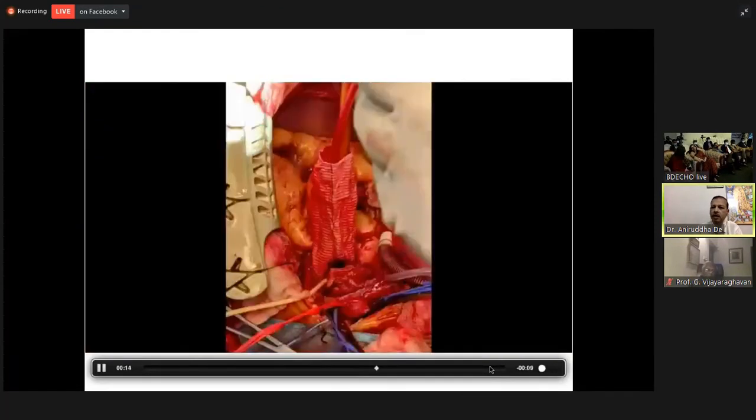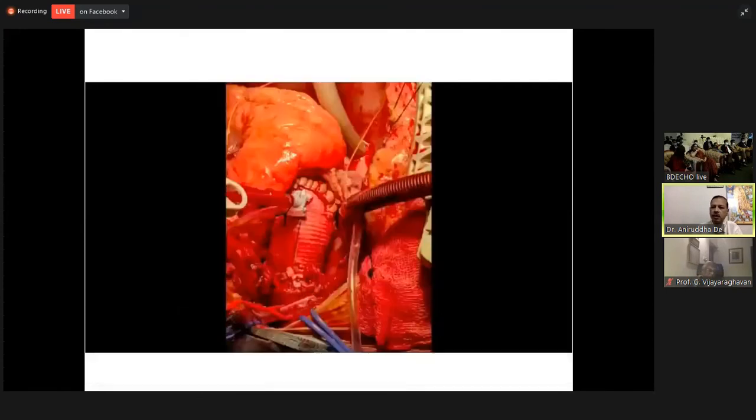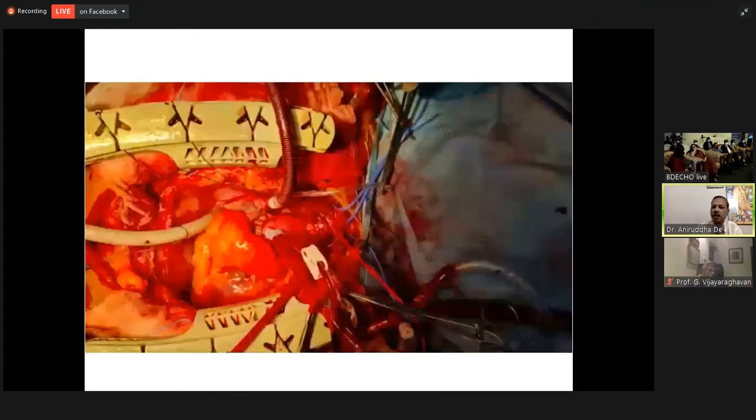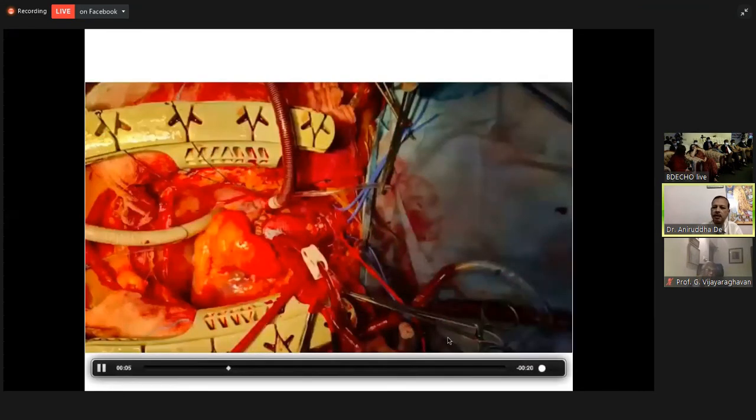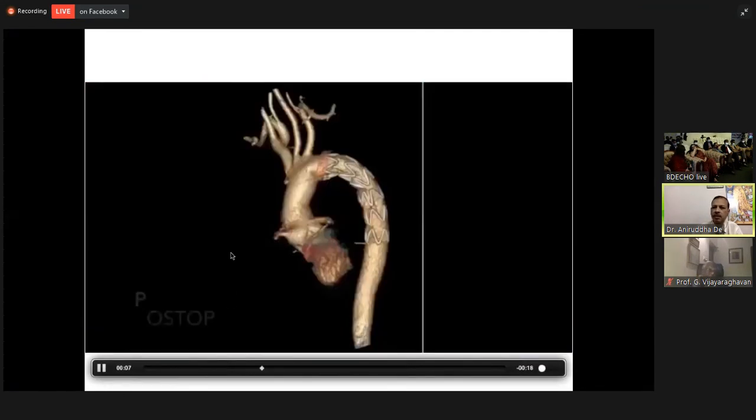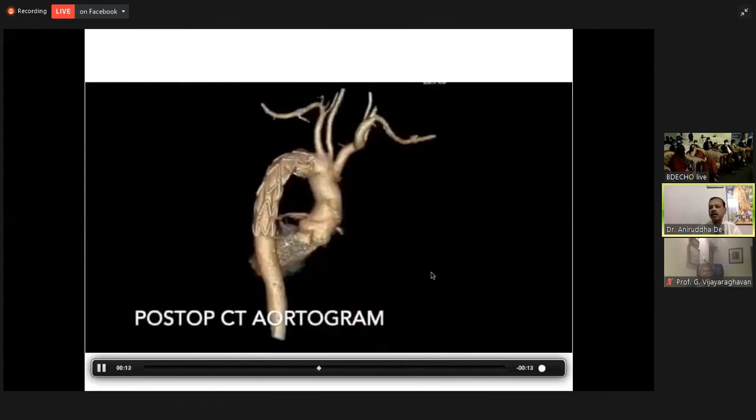After that the arch island was sutured, and this is the final result. After putting this final result, you can see that everything is fine; the post-operative CT angiogram is showing it like that.